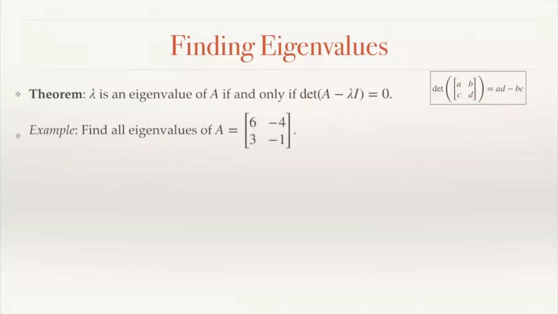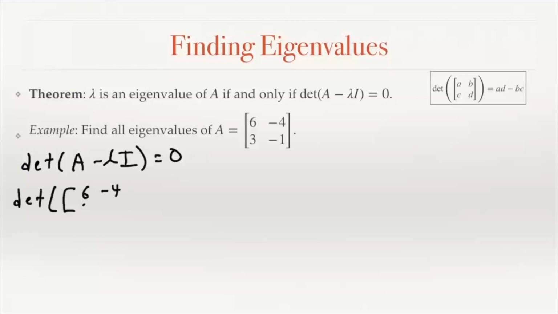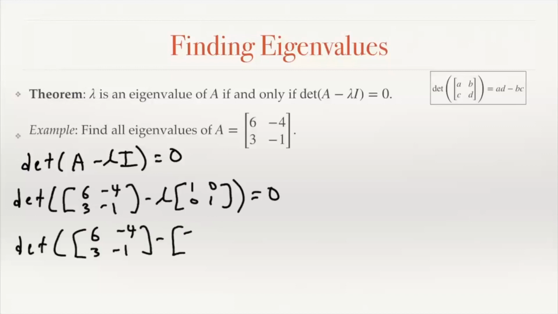So using this theorem, we want to solve for where the determinant of A minus lambda I is equal to 0. Okay, well, writing that out, that's the determinant of [[6, -4], [3, -1]] minus lambda I, the nice diagonal of 1s, equals 0. Lambda is just a scalar. We scale every entry in the identity matrix by lambda.